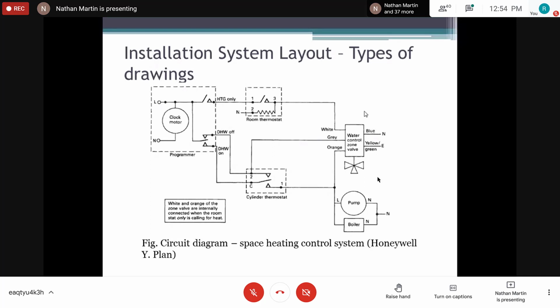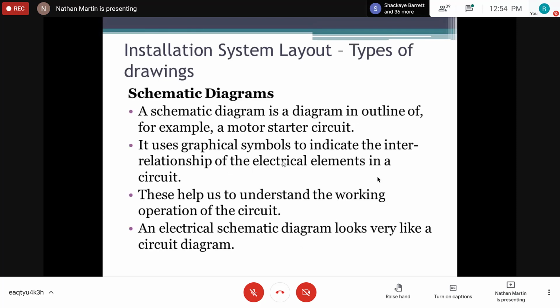This is basically the same diagram, the same space heating control, but now it's easier to look at this diagram and tell you the flow of current through the circuit and how the circuit works. So it gives you a much clearer understanding of how the circuit will work. We're using the same diagram throughout, but we are showing you how differently you can represent it and the different information that it gives.